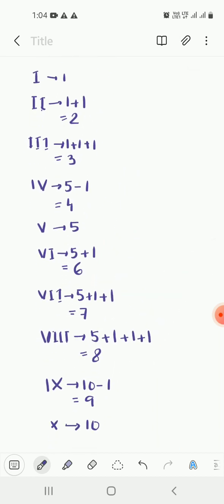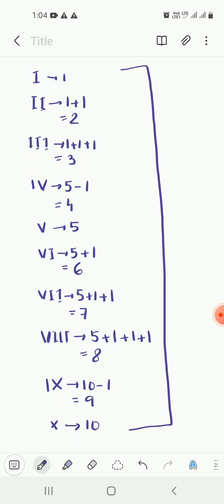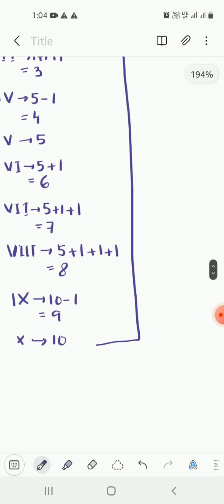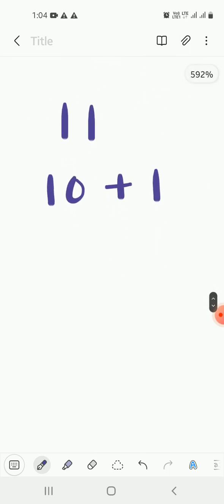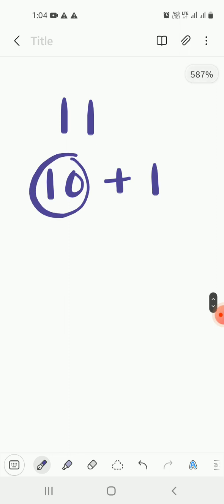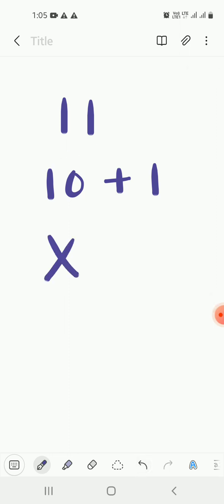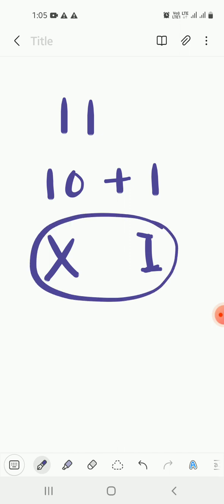Now once you have learned how to write numbers till 10, it becomes very easy to write numbers for more than 10. If you want to write 11, it means 10 plus 1. Break the number: 10 in Roman means X, and 1 means I. So X and I together, X I, is 11.